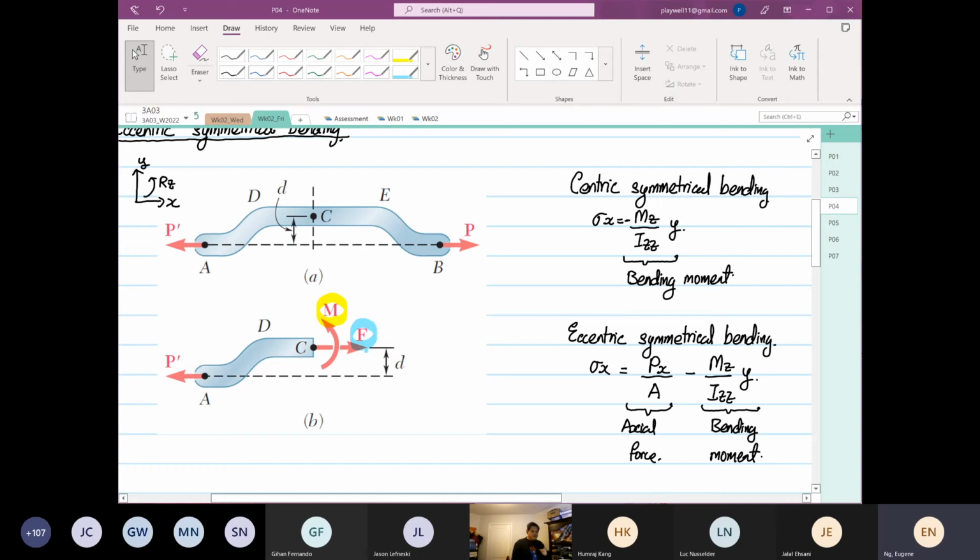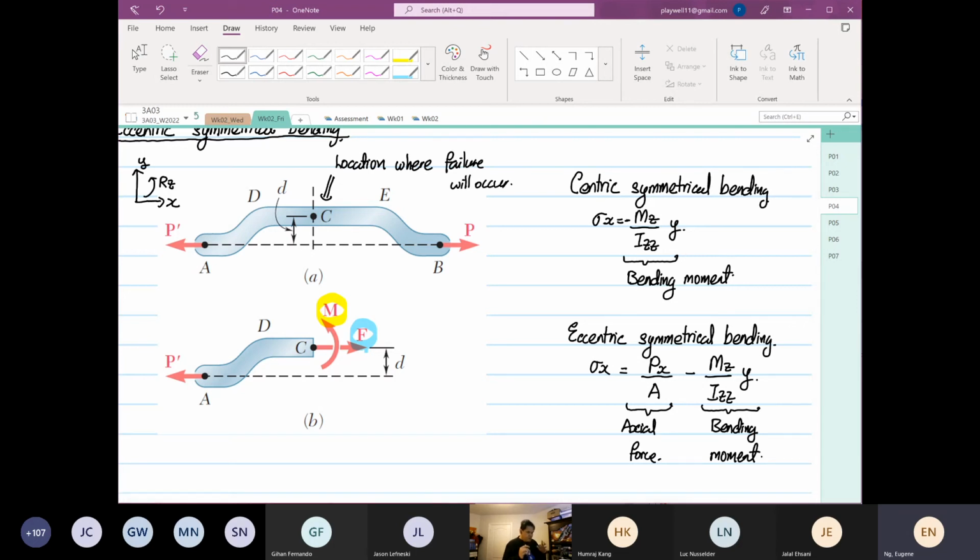You're right, Tyler. It's because this is the location where failure will occur. That is the orientation for where failure will occur.